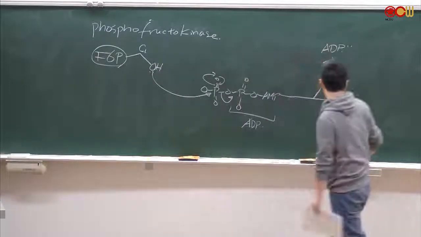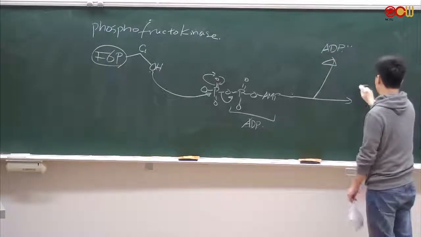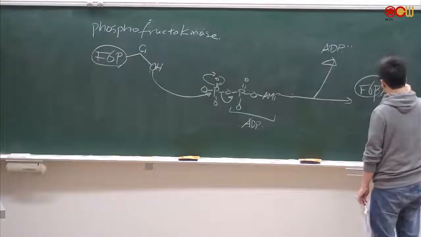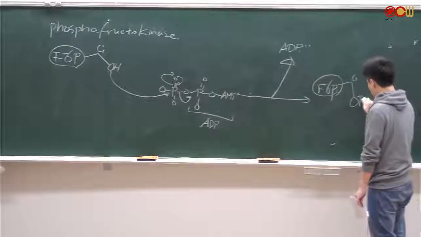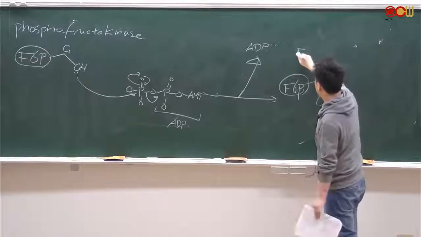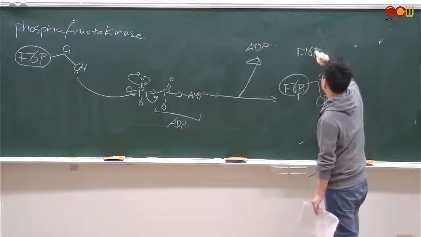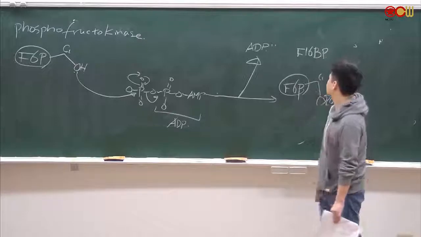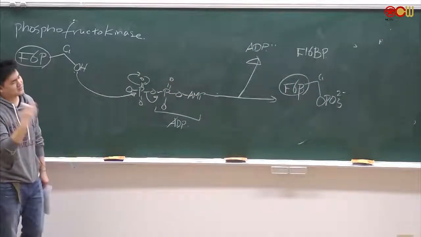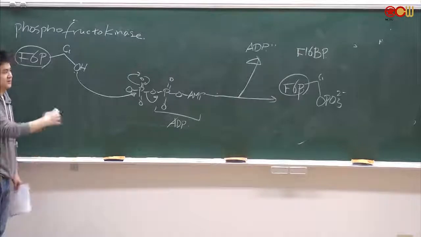And then you're left with basically F6P, carbon 1, O-phosphate. And then this is F16-bisphosphate. Okay, so F16BP.